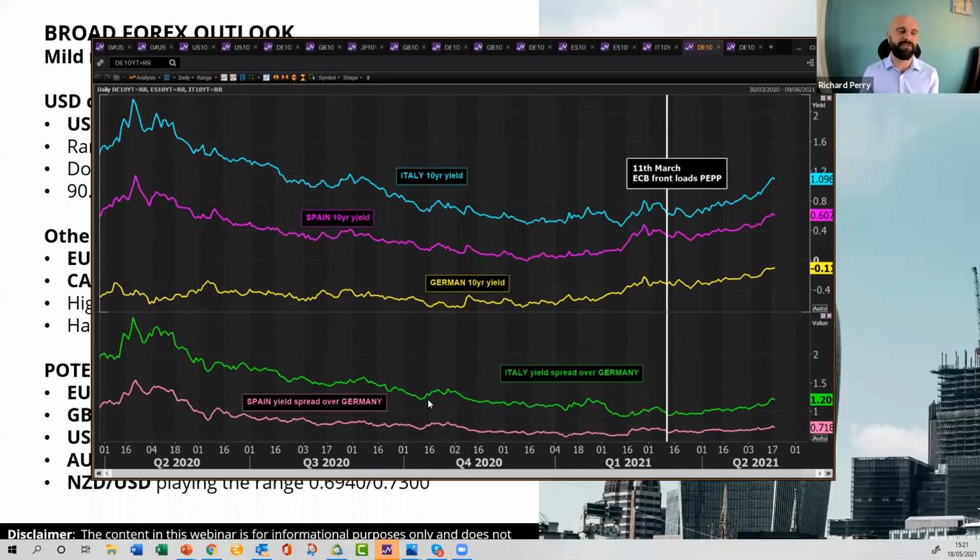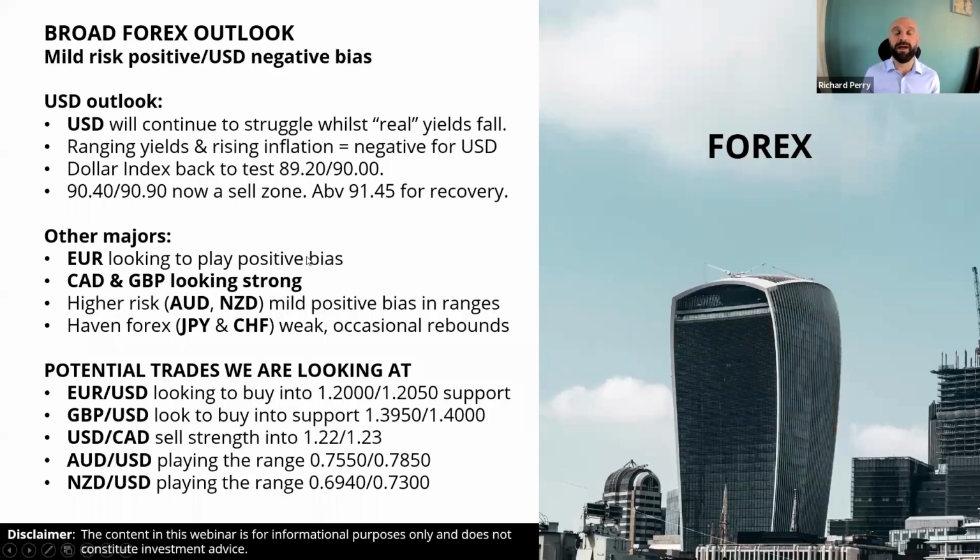Peripheral bonds are seen as Spain and Italy over the really secure German bond. Yields rising, spreads are rising. That is a positive for the euro, and I think euro is going to perform well. And lo and behold, what we've seen today is euro breaking through resistance.